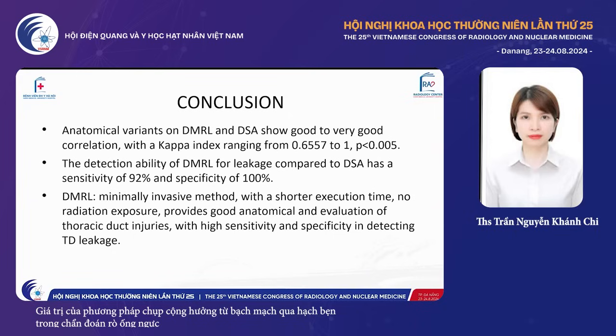Dynamic MRI lymphangiography is a minimally invasive method with a shorter execution time, no radiation exposure, and provides good anatomical and evolution assessment of thoracic duct injury. This is truly effective in planning interventions and treatments for patients.